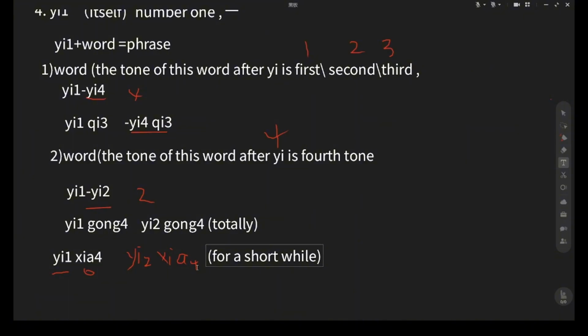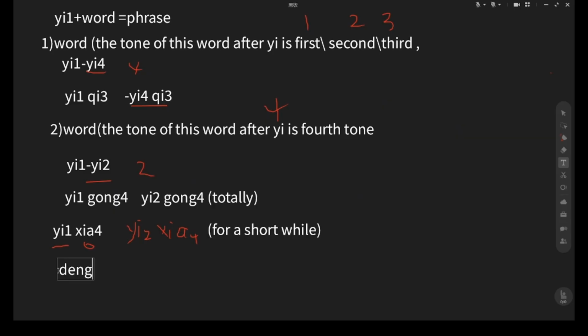For example, like I said, this word. How to read this one? 等, děng, which means to wait. This is a word. If I say 等, I don't know how long.